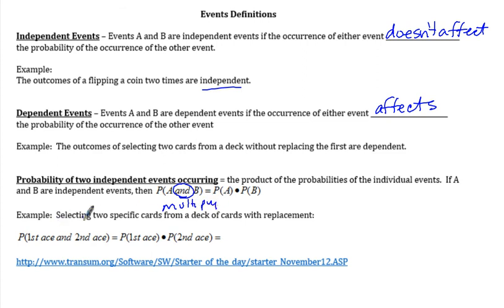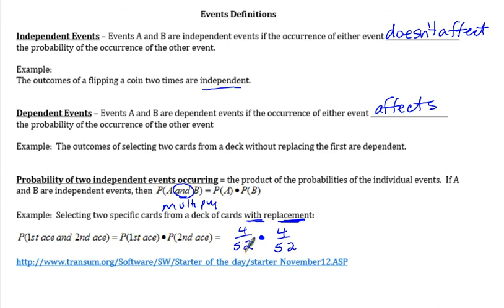So for example, if we select 2 specific cards from a deck with replacement. If the probability of taking the first ace, so there's 4 aces out of 52 cards, and then with replacement we put that ace back in there. So the probability of pulling another ace is 4 out of 52.